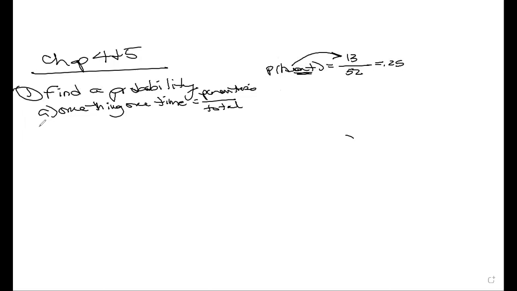Now, if you haven't finished chapter 5, this is not going to make a lot of sense to you. The next thing I look for is binomial, because I think binomial is easy because the calculator does all the work. But remember, for it to be binomial, it can only have 2 categories, and the probability of a category has got to be the same for the whole problem.